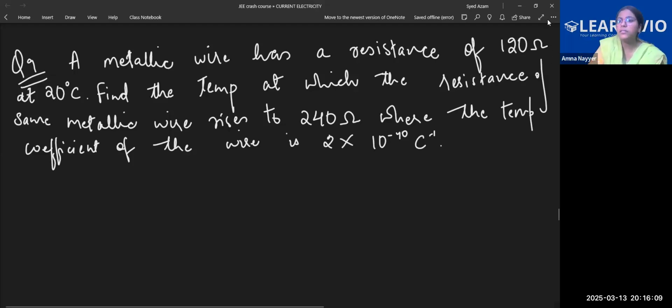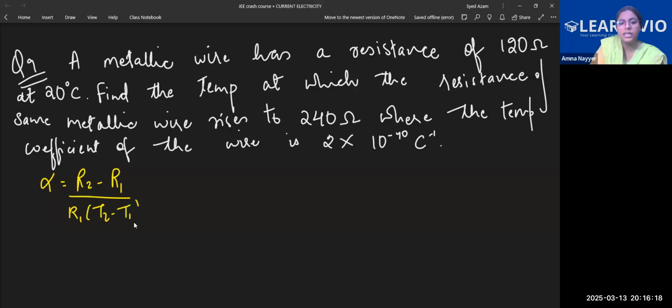Now, when we were discussing, I told you this formula also. Alpha is equal to R2 minus R1 divided by R1 into T2 minus T1. Straight away use this formula. Don't derive anything. Straight away use this formula for the temperature coefficient of resistance, right? So see, right now, what is our R2? R2 means the resistance at the temperature T, which we do not know, which we have to find out, minus resistance at the room temperature.